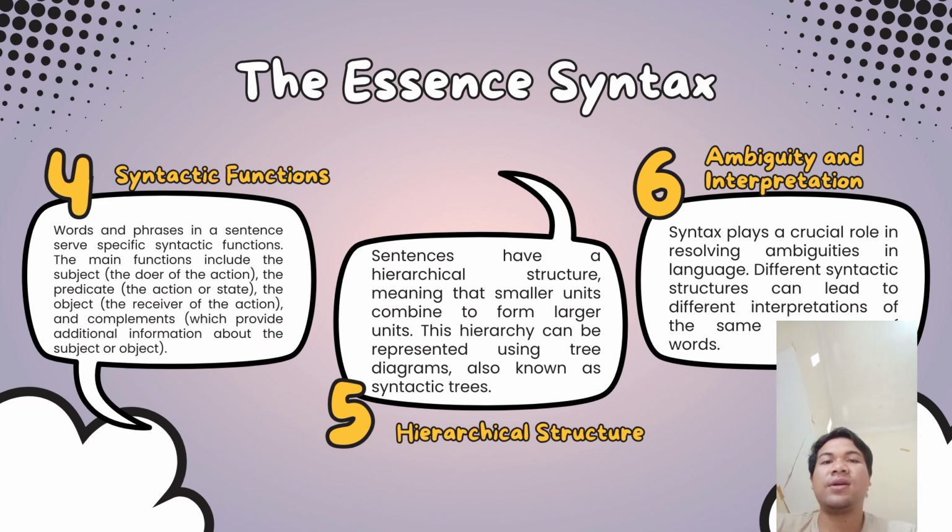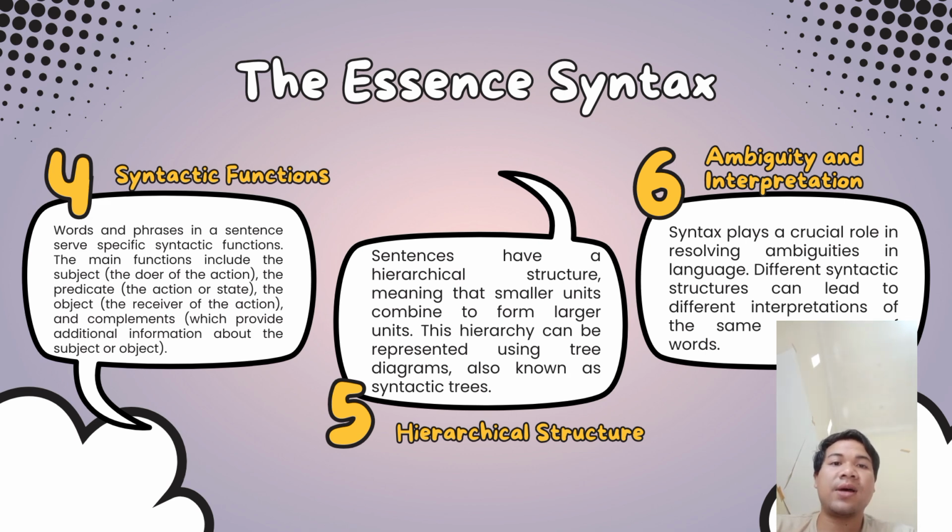And then the last, ambiguity and interpretation. Syntax plays a crucial role in resolving ambiguities in language. Different syntactic structures can lead to different interpretations of the same sequence of words. Consider the sentence "I saw the man with the telescope."